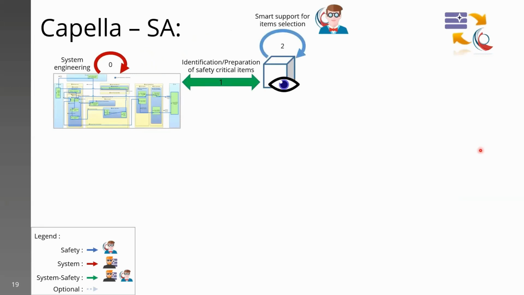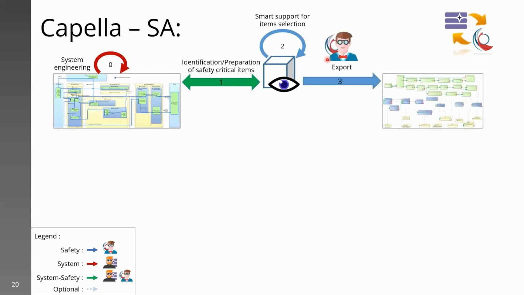Once the safety team is familiar with the system model, they can select the information in Capella that they want to export to Safety Architect. For this task, the user is assisted by the smart bridge that I presented earlier, and the bridge will help the user make sure they don't forget any information when they switch from Capella to Safety Architect.